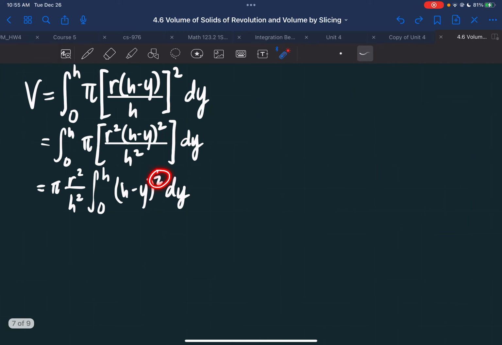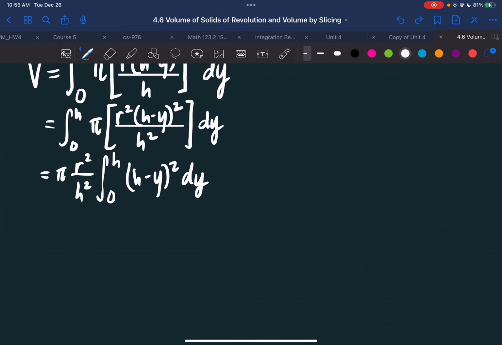First one is distribute the square, or should I say expand this term right here. So that's the first method. For the second method, observe that the derivative of this one is -1. And so we can do a u substitution, since -1 we can find it somewhere in our integral.